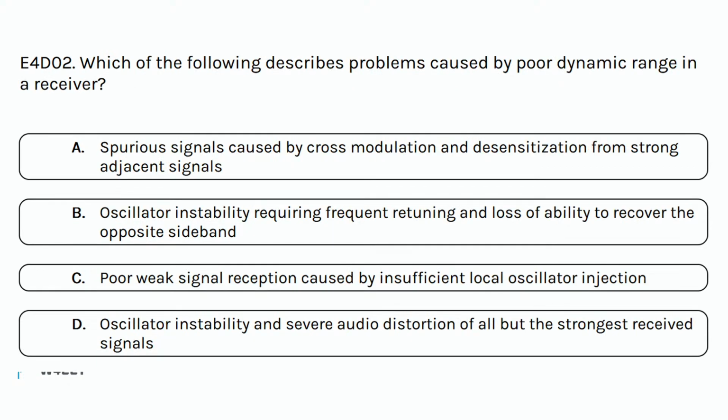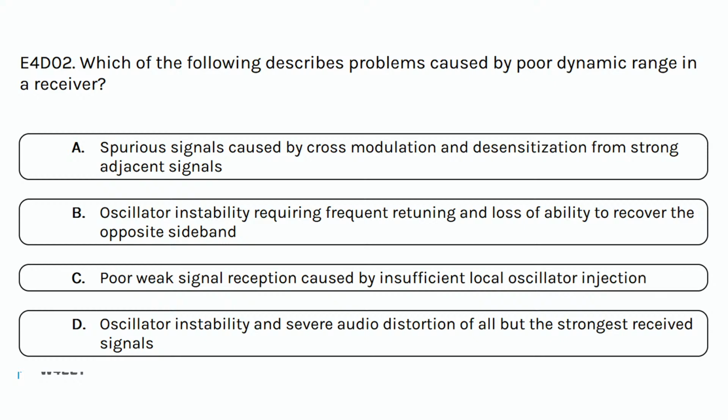And which of the following describes problems caused by poor dynamic range in a receiver? Alpha. Yeah, okay, you're right.